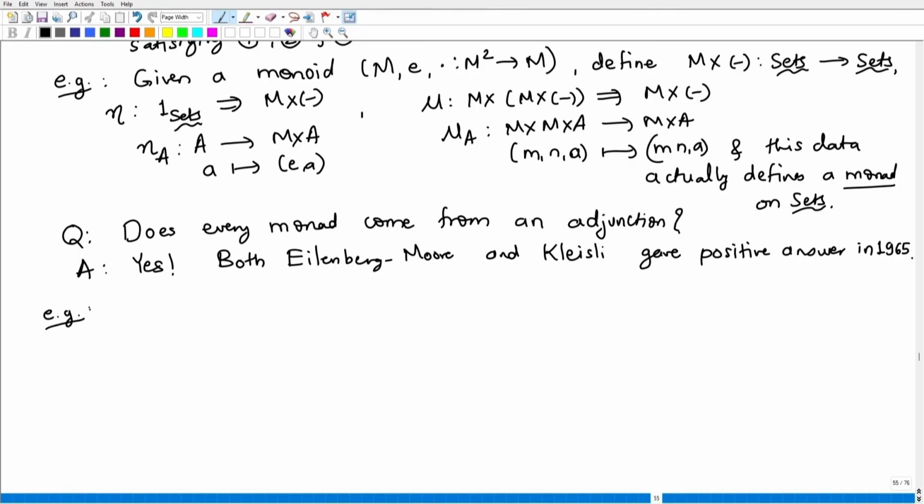Can you find another category such that an adjunction will give me this back, before we try to understand what Eilenberg-Moore and Kleisli did?